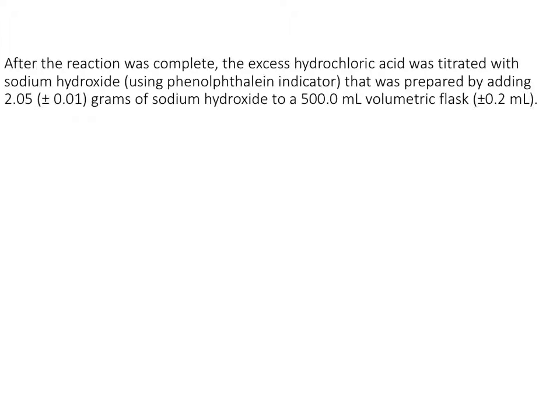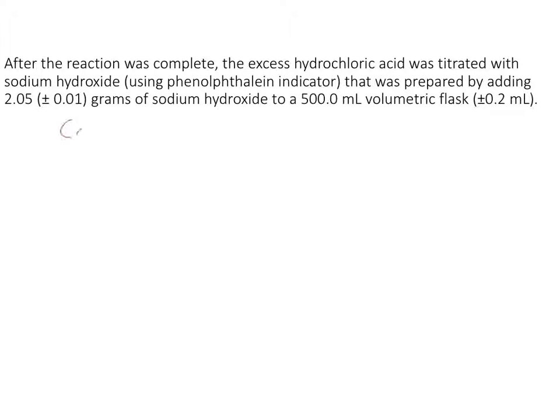So after the reaction was complete, the excess hydrochloric acid was titrated with sodium hydroxide using phenolphthalein, which is not the best indicator, and we'll learn why later. The sodium hydroxide was prepared by adding 2.05 grams of sodium hydroxide to a 500 milliliter flask.